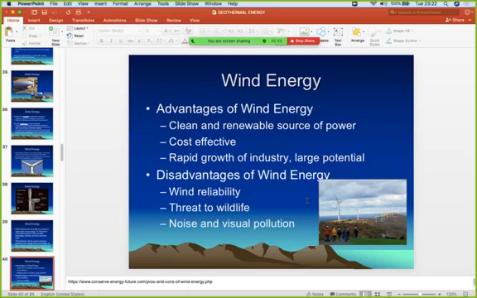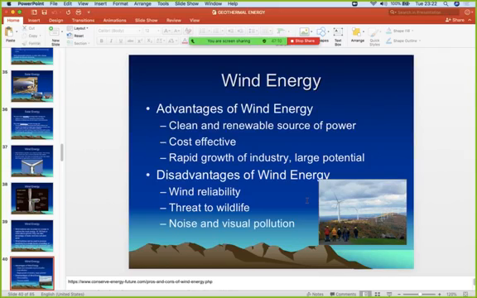So threat to wildlife, yes, because you have to remove forests to some extent, and the habitat of animals will be diverted in some ways.